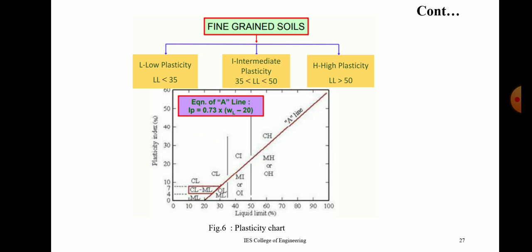Already we discussed in the previous slide the range for low plasticity, intermediate plasticity and high plasticity. If we have the values of liquid limit and plasticity index, we can find which type of soil it is.